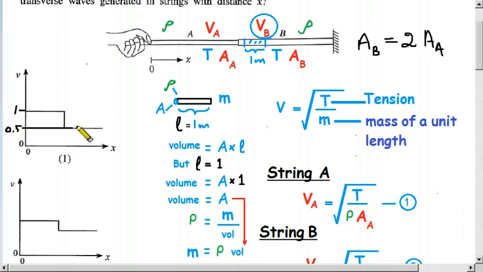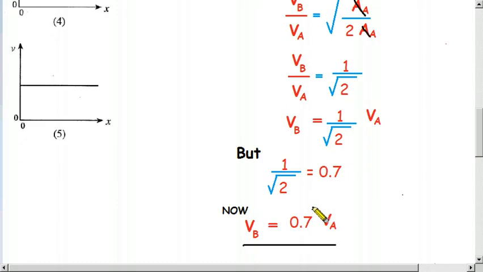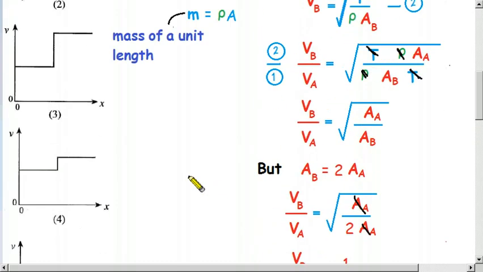So in this graph, the velocity in stream B has decreased to 0.5 times VA. So that is wrong. Therefore, what we have to find out is 0.7 times VA.